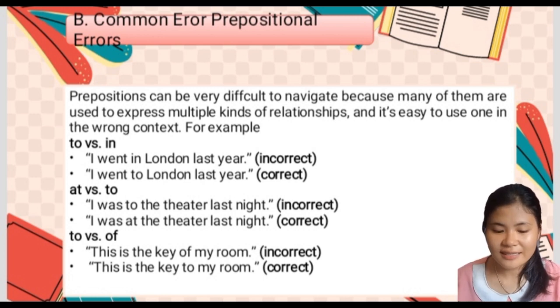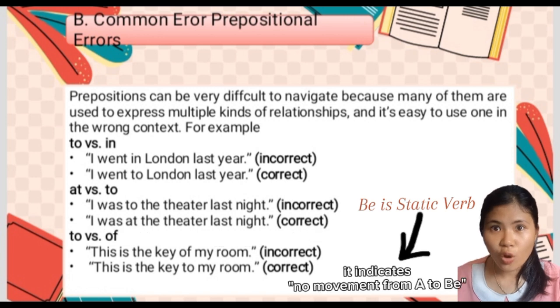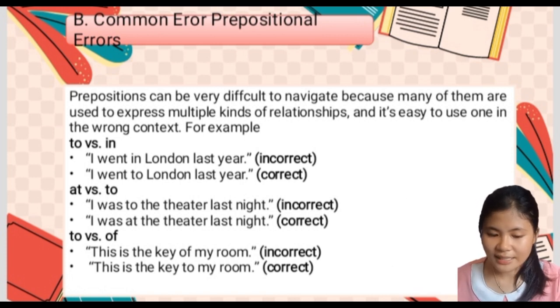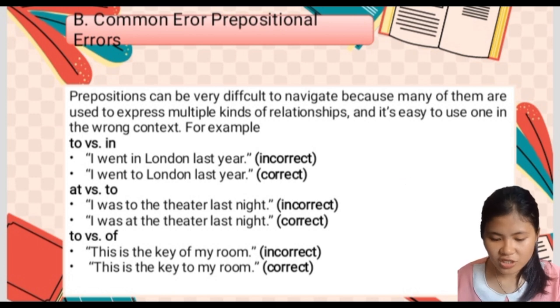But in this context, was is a form of be, and be is a static verb. It means no movement from point A to point B. So let's see the second sentence. I was at the theater last night. That's correct, because when it contains a static verb, we use at as a preposition.